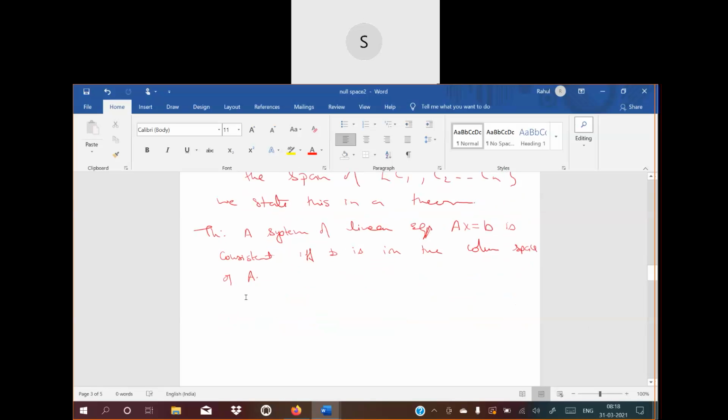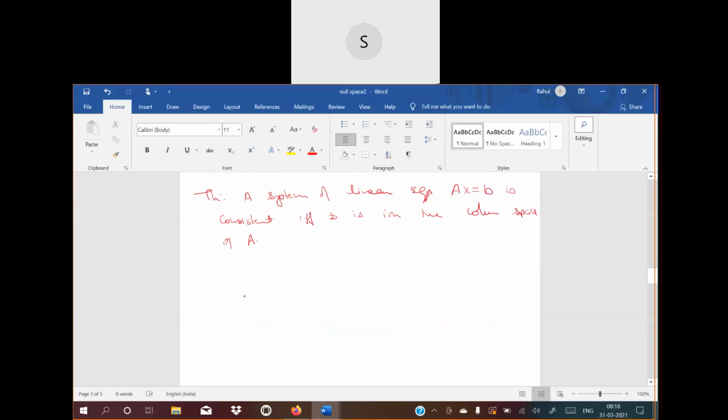Now, for example, this is a nice example. I am taking the earlier example, the matrix with rows 1 1 1, 2 3 4 5, multiplied by x1, x2, x3. Here you see that we have 3 variables and 4 equations.